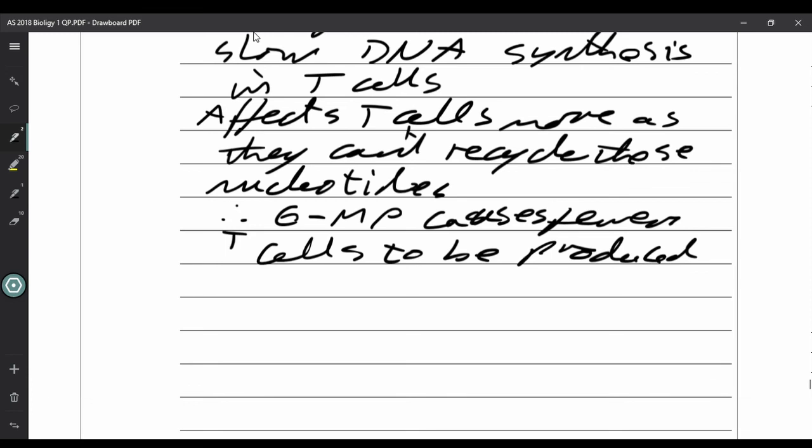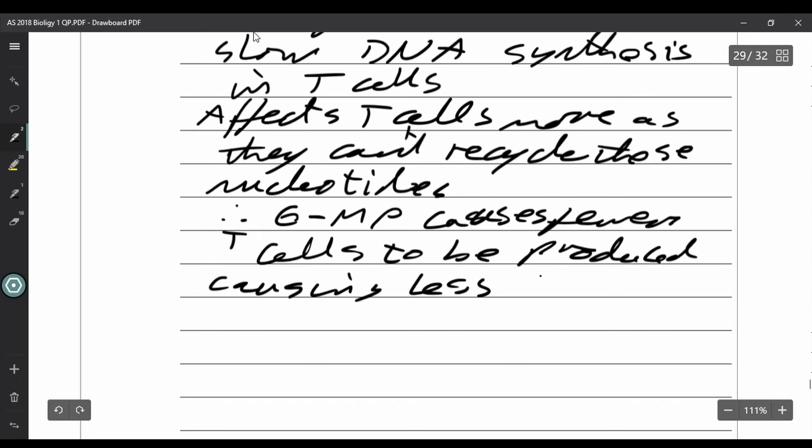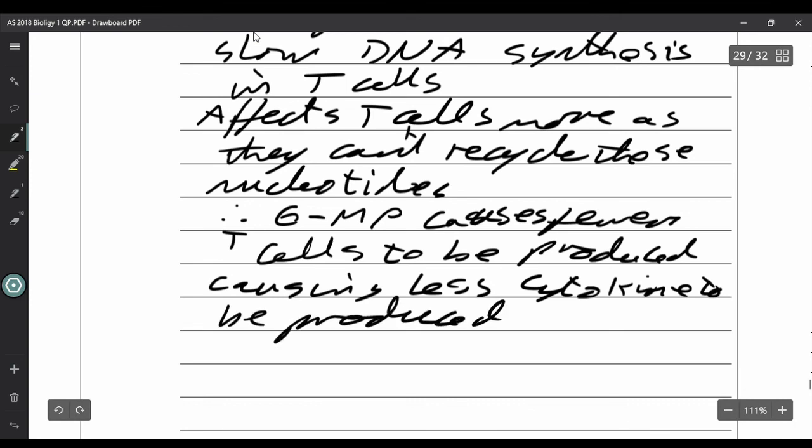And we know about the T cells and the cytokines, so this causes less cytokine to be produced, therefore less swelling.